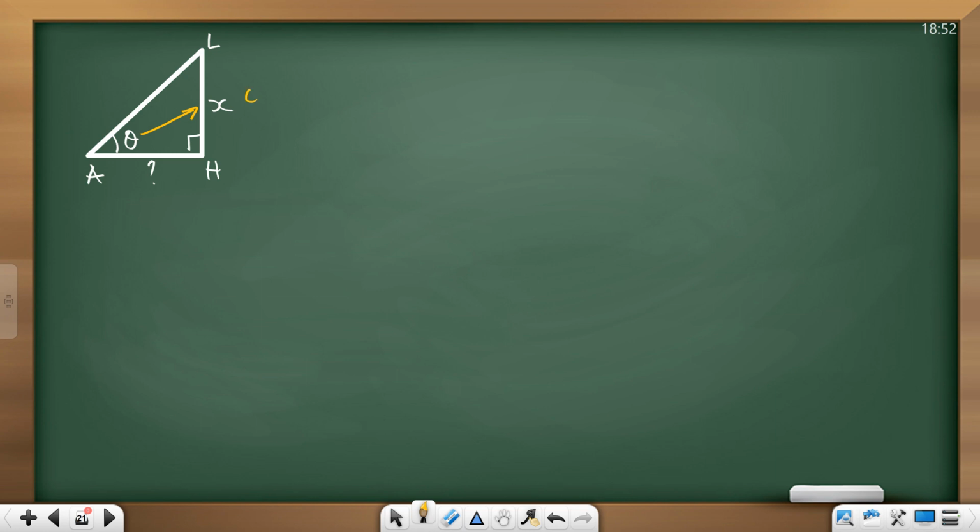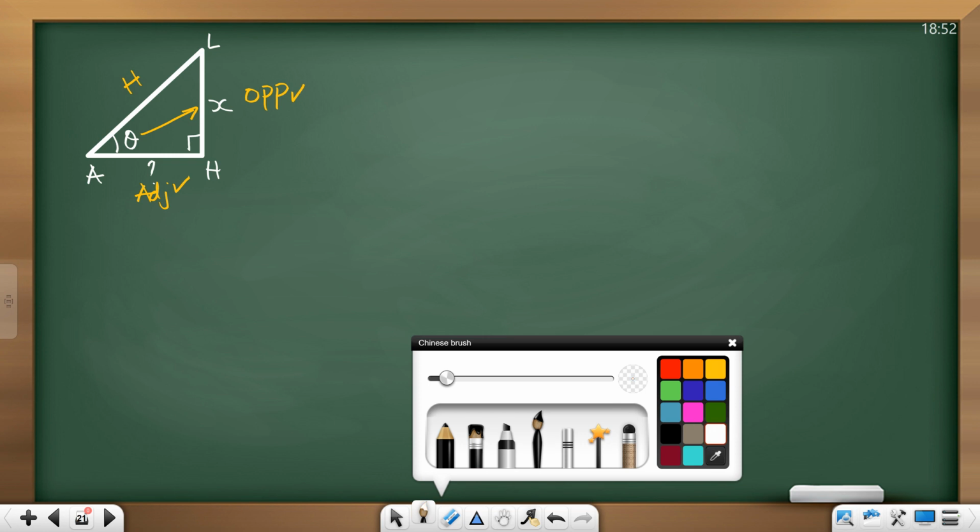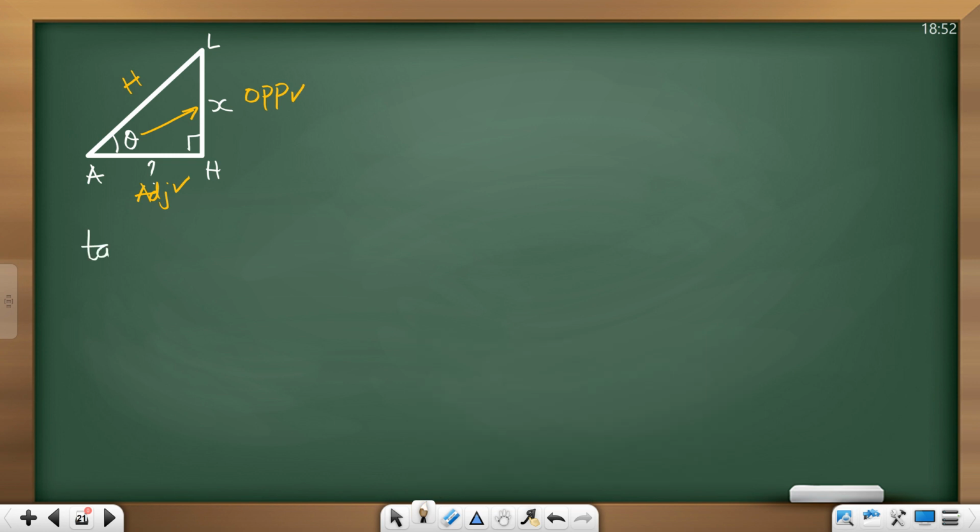What is theta? This side is opposite, right? And this side is the hypotenuse. And what is this? You are looking for your adjacent, and you have your opposite. What trig ratio is that? Tan. Opposite over adjacent. Tan theta. What is our opposite?